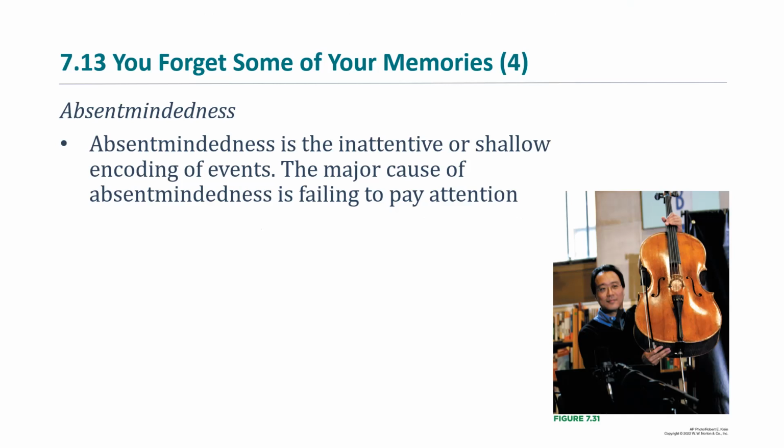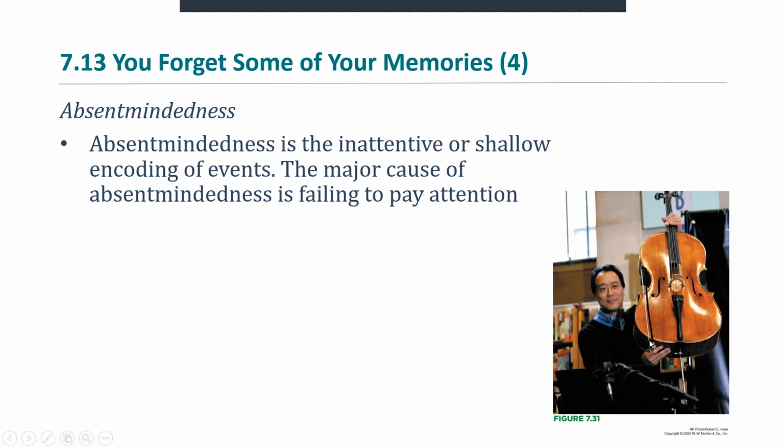It happens because your mind is on something else when you place the item down somewhere. You're not paying attention at the time you put your keys or your phone down. You're thinking about other things and you just put it down, and this is why you don't encode that event properly. And so this is why you can't remember where it is.